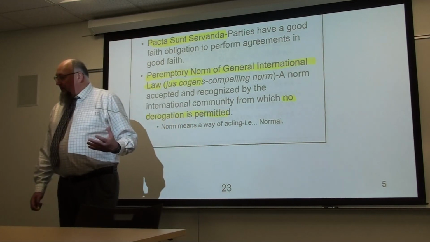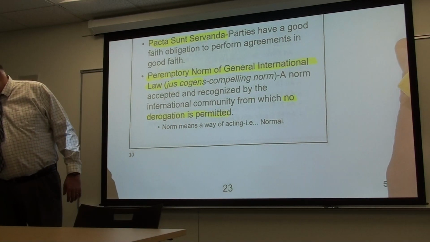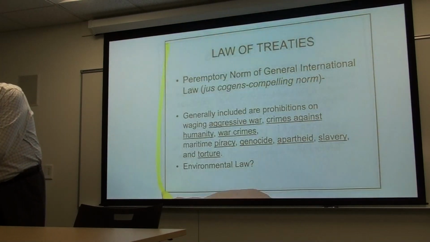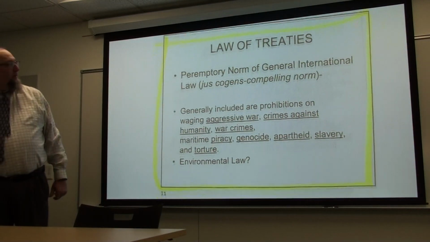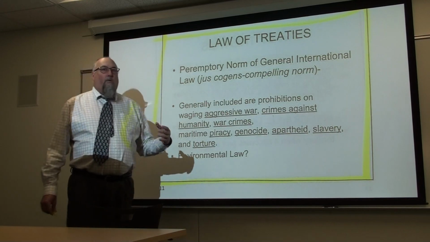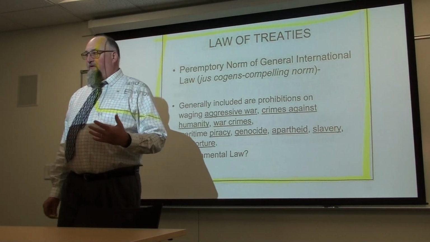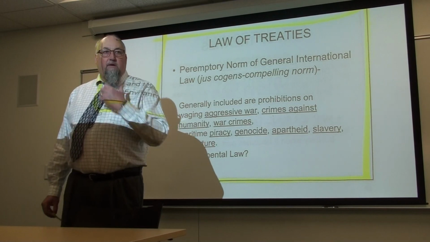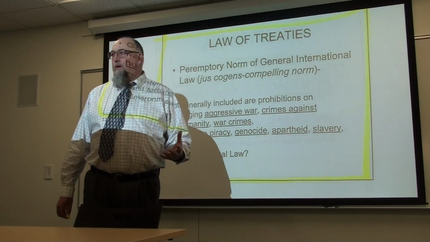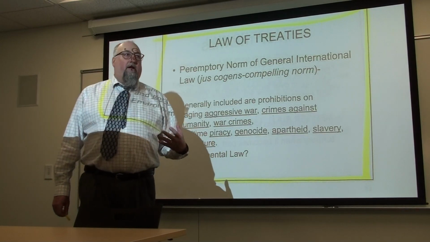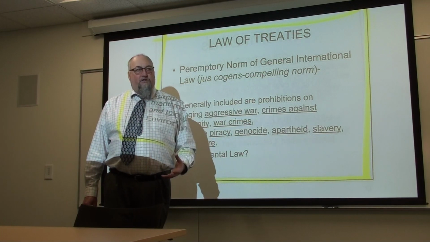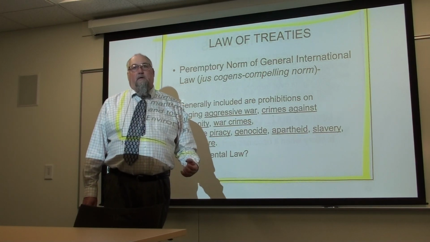So when we talk about peremptory norm, let's go over to the next slide, page 24. When we talk about a peremptory norm of general international law, we are talking about some type of activities that are considered so heinous or bad or whatever word you want to use, that they are just simply a violation of international law as a matter of fact.